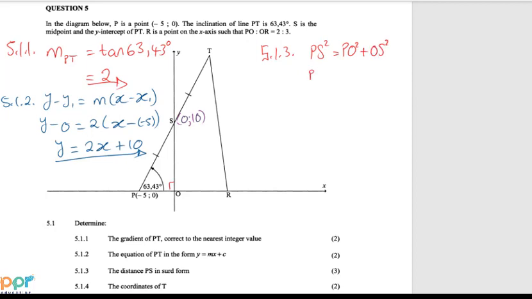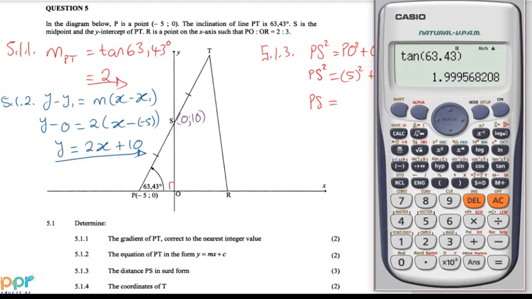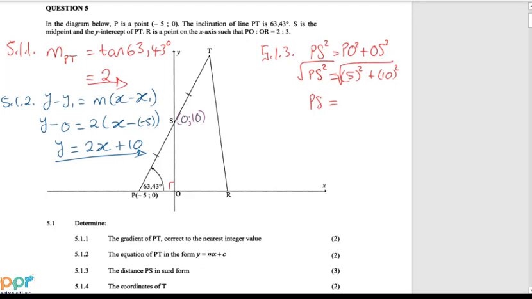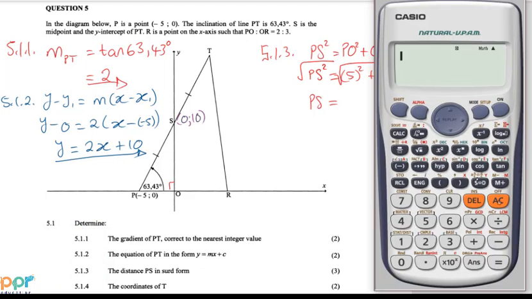So PS squared equals PO, which is 5 units, so 5 all squared, plus OS, 10 units, so 10 squared. To find PS we put the square root. Remember, PS is a hypotenuse, so you won't put a plus or minus. So the square root of 5 squared plus 10 squared.